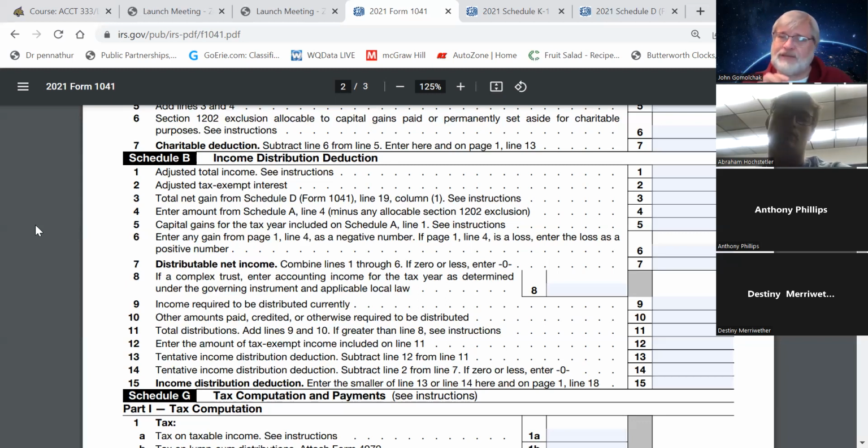And then we talk about the capital gain or loss, ignoring the stuff that would have been on Schedule A for charities, because we're not going to be dealing with that. If we had a capital gain on the first page, that would have been on line 4. Let's say that we had a $5,000 capital gain on page 1.